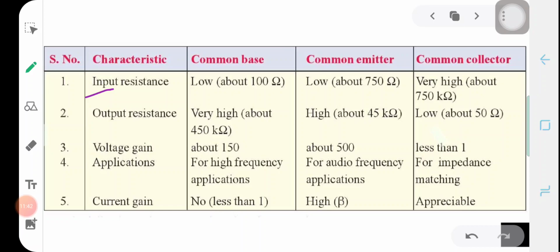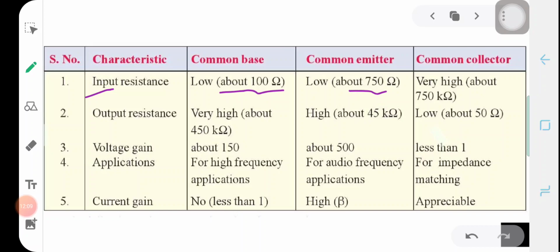In the case of a common base connection, the input resistance is very low, of the order of 100 ohms. The common emitter is low but a little higher than common base, and it comes around 750 ohms or less than 1 kilo ohm. And in the case of a common collector connection, it is very high, of the order of 750 kilo ohms.